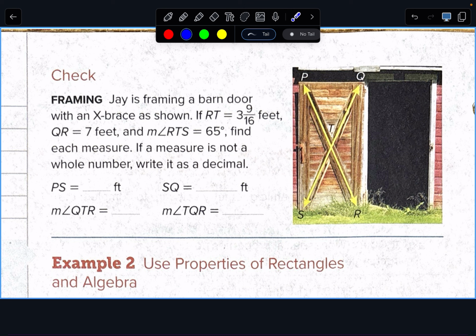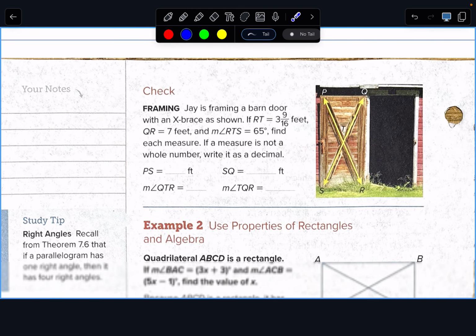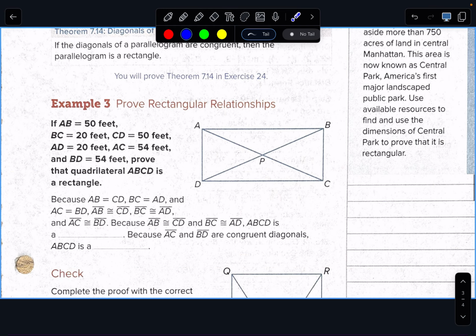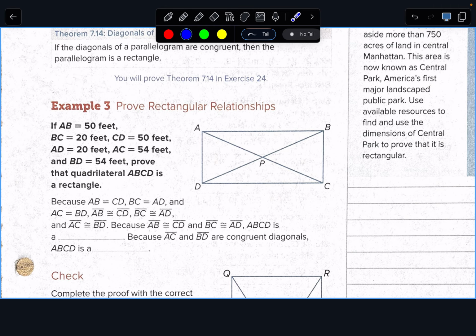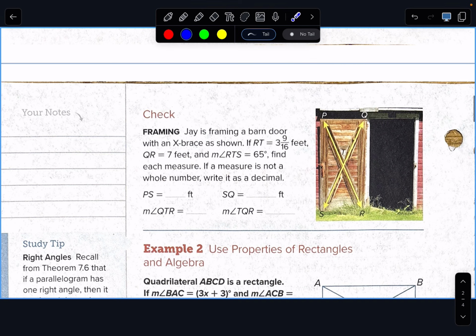Don't roll your eyes. It's the pink machine over there.